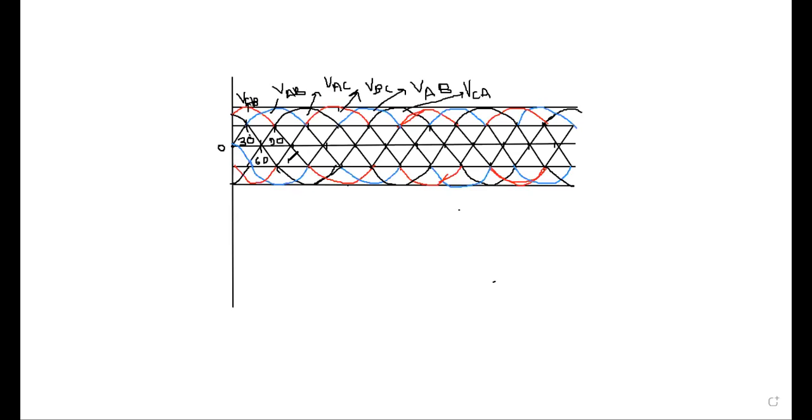This way it is 120 degree. So 30 degree, 30 degree, it will go each phase, that is this portion is 30 degree. So this way it will continue. Okay. Now what you have to understand from the circuit is up to which it is connected.